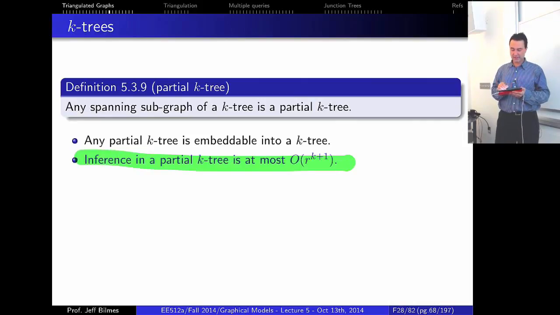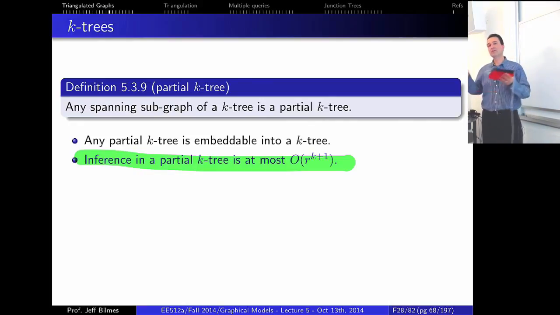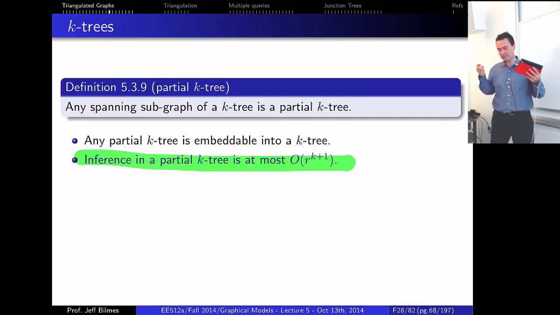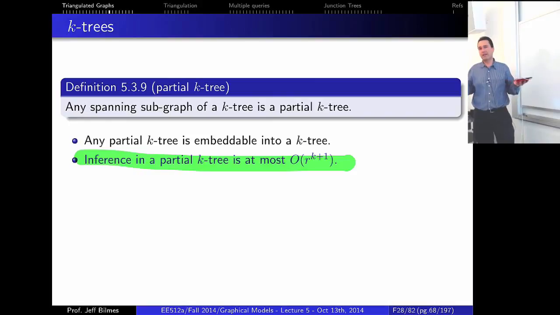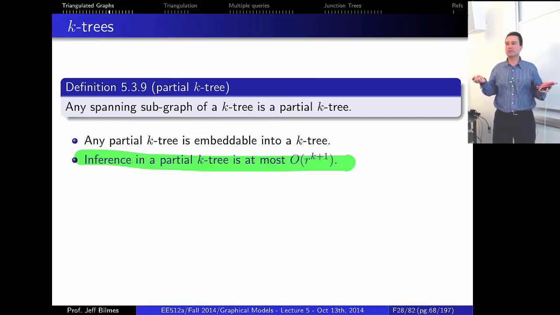And so inference in a partial K tree is at most order R to the K plus 1 as well, right? Because if you can embed a partial K tree into a K tree, you can do inference at most order R to the K plus 1.